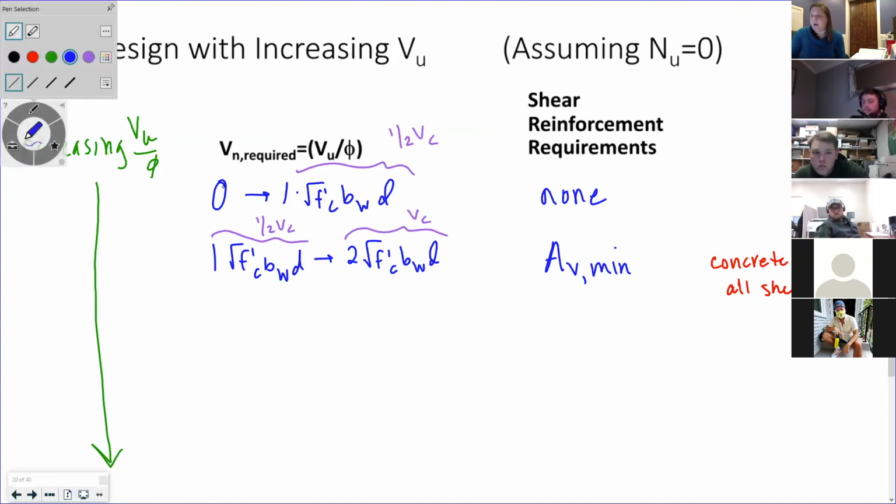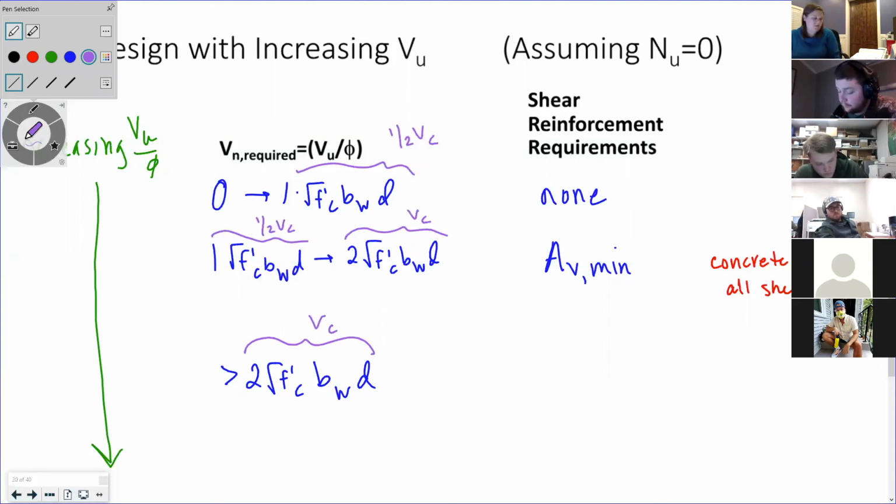If I need more than 2 square root of f prime c bw d, that's more than my concrete can provide. Now I need shear reinforcement.